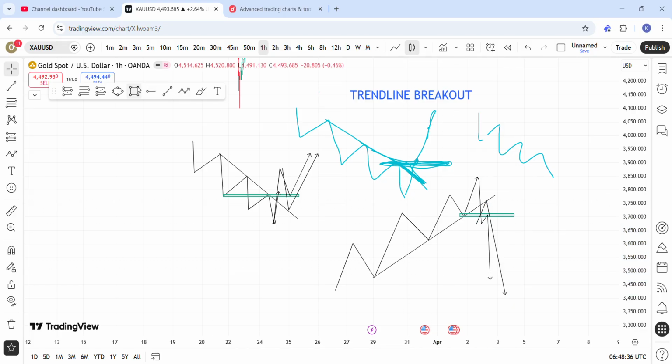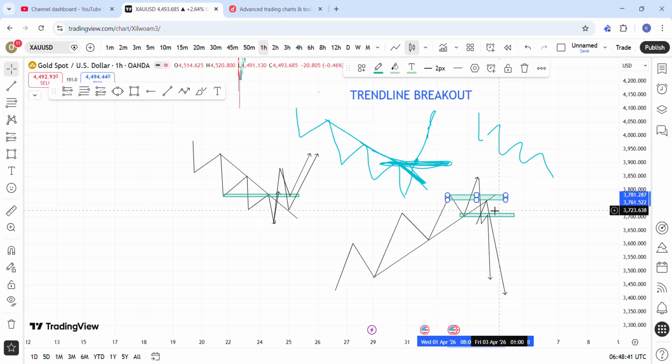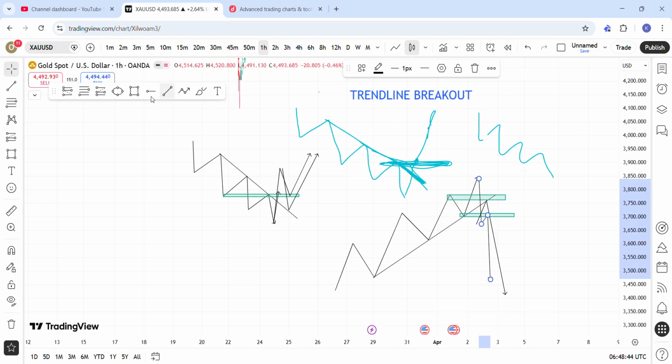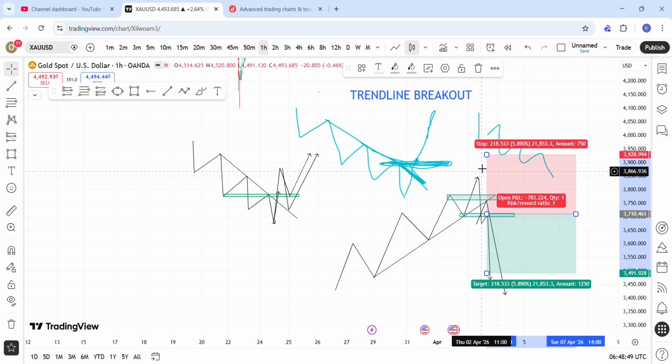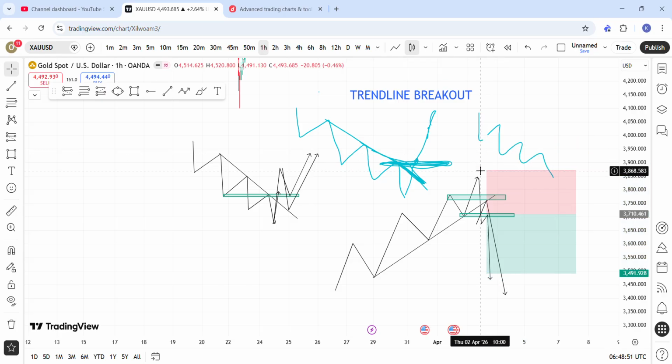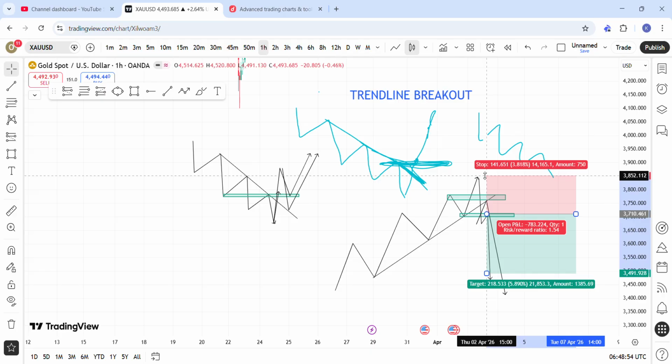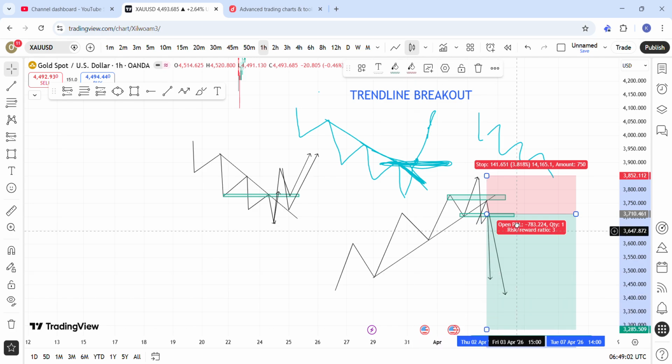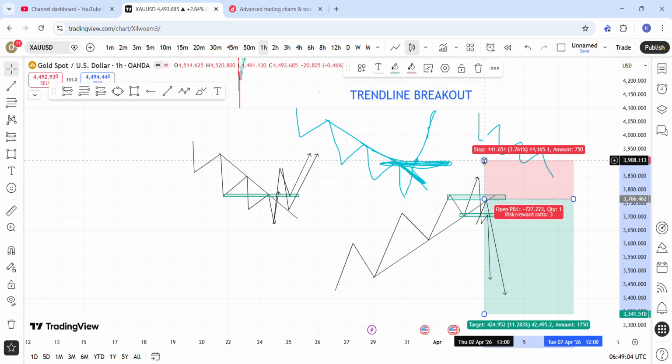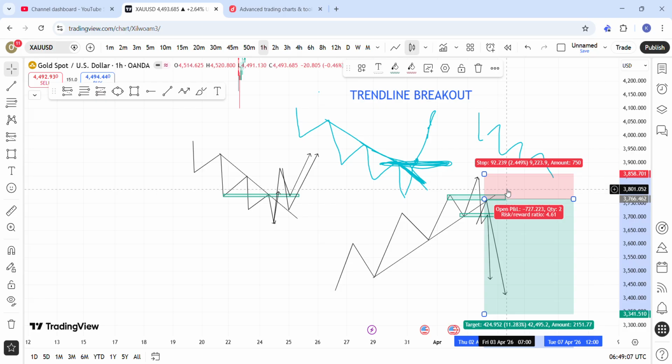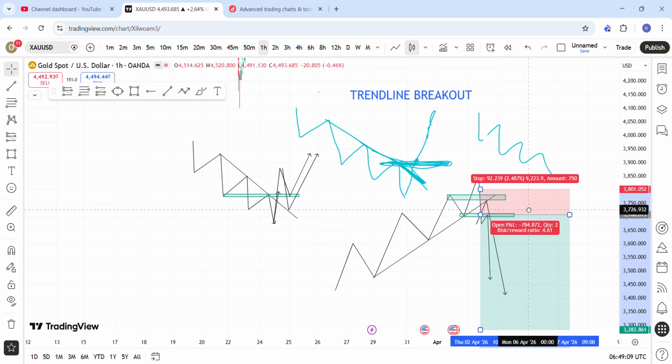Or sometimes it may even come to here itself. It just depends on the way the market wants to move. That's why you need to give your stop loss a breathing space. If it's here, stop loss should be here. If it's here too, stop loss should be here. Same thing across all of them, if it's on the trend line, anywhere you get.